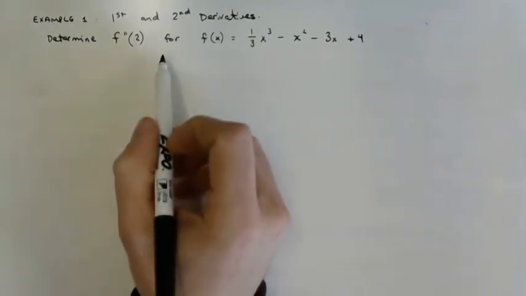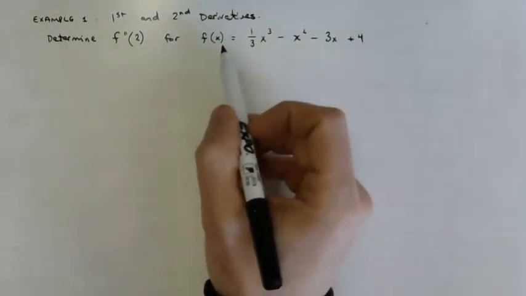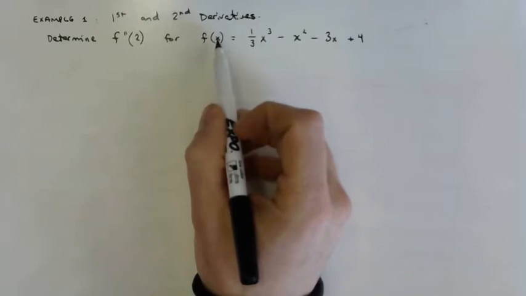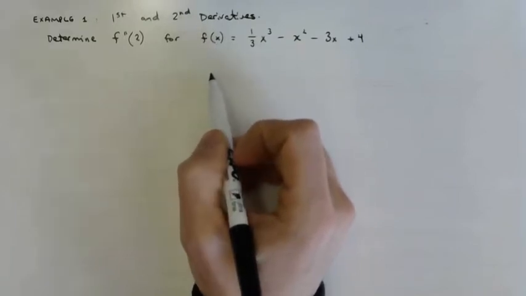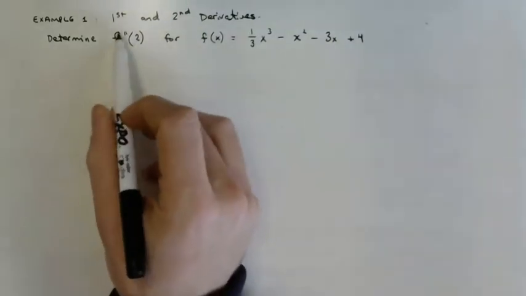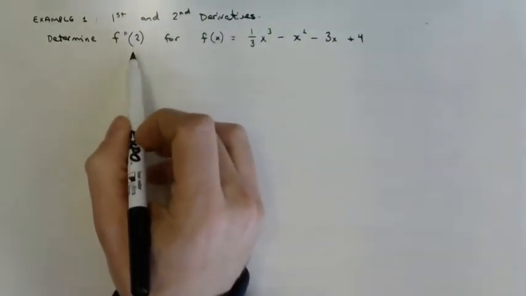Okay, so what are we doing? There's a few steps here if we want to think through it. We're given the function f of x. We're going to find its first derivative, then we're going to find the second derivative, then we're going to find the value of the second derivative at 2.